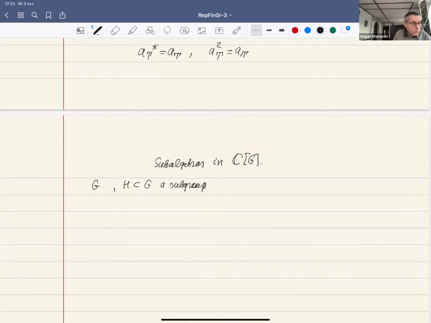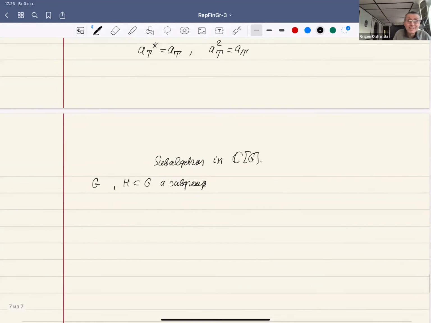Given a subgroup, we can assign to it a self-adjoint idempotent. Let me denote it as epsilon sub H. We divide by the order of the subgroup and take the sum of the group elements from the subgroup. One immediately verifies that we have the same relations as above.